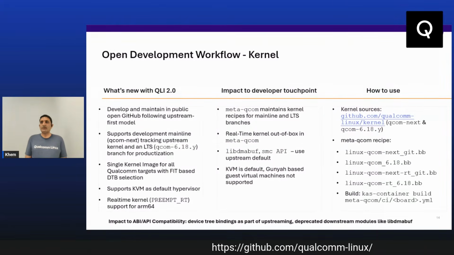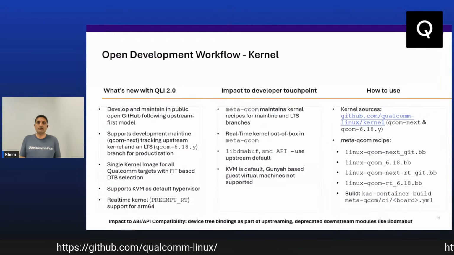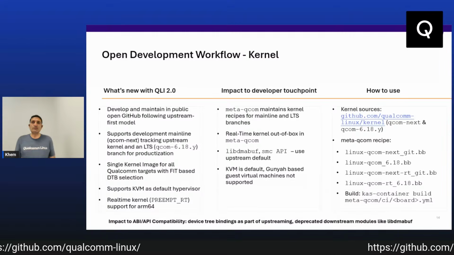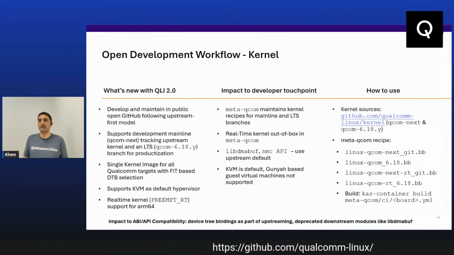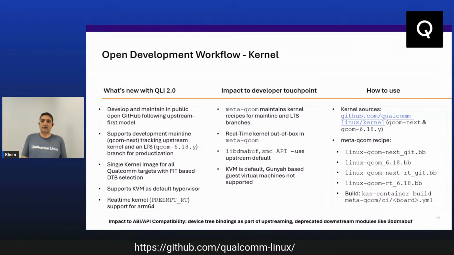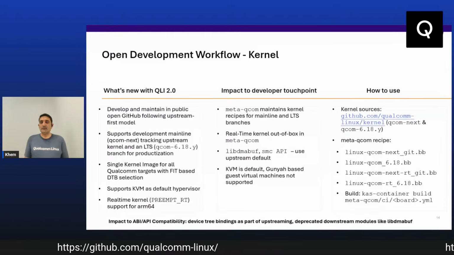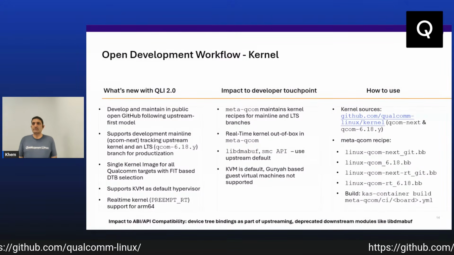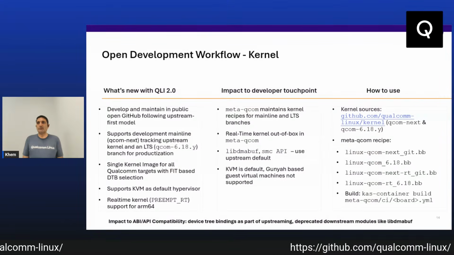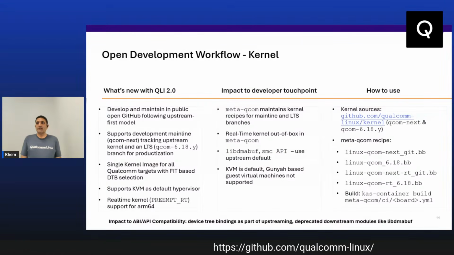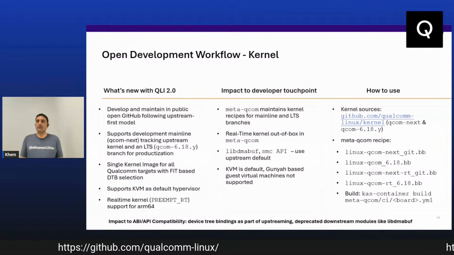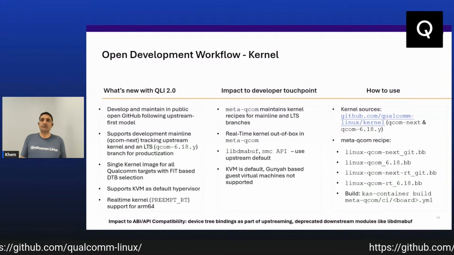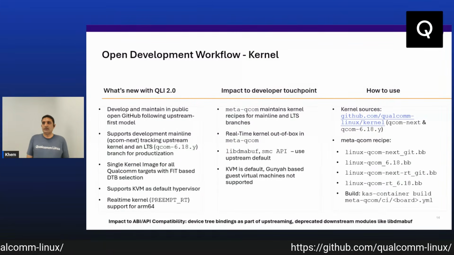With this, I've covered a couple of components. The Qualcomm Linux stack includes many components, but the Linux kernel is one of the common components that is developed and is very key. So I'll go over what we are doing in there. As you can see, the Qualcomm Linux 2.0 Linux kernel is also hosted on GitHub.